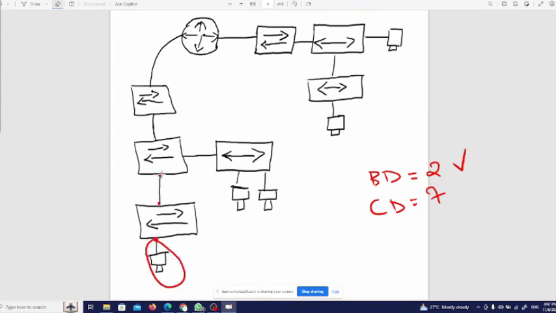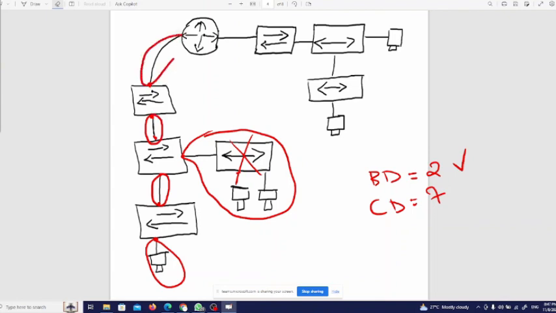They belong to the same collision domain. So this is a hub. All the interfaces of the hub belong to one collision domain. This interface here also belongs to the same collision domain. So here we have one collision domain, and here also we have one collision domain. Between the switch and the router here we have one collision domain. Between the router and the switch here we have one collision domain. Between the switch here and this is a hub.